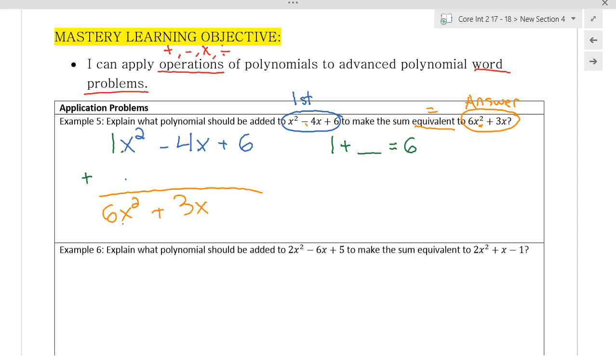If you know it right away, you can fill it in. Otherwise, do this: 1 plus blank equals 6. I'm going to subtract 1 from both sides. That blank equals 5. You don't necessarily need to show that work. Some of us are better at knowing in our head what we're going to put there.